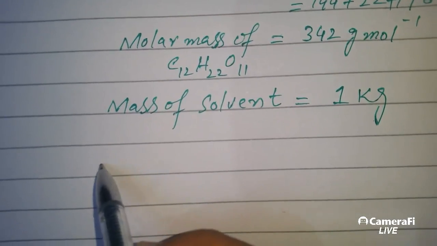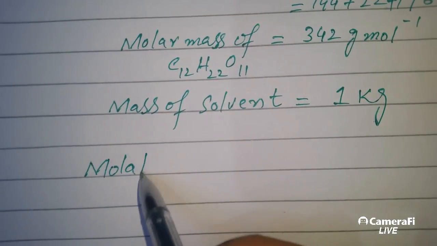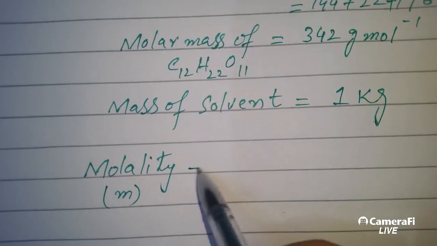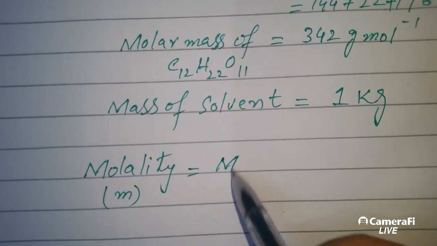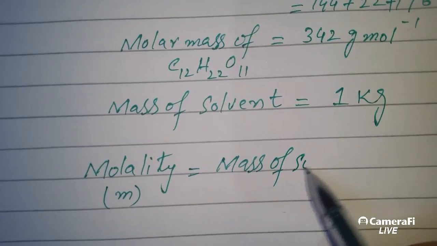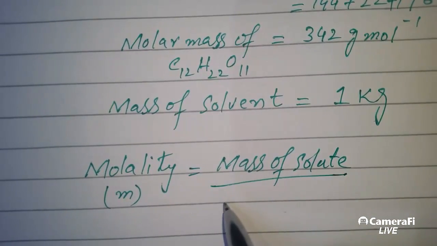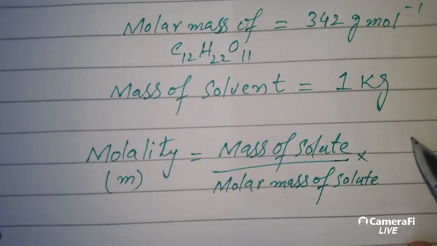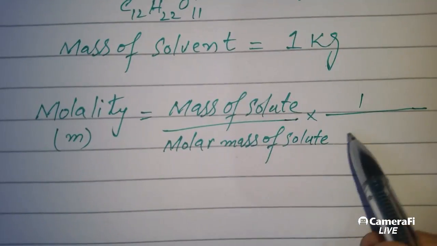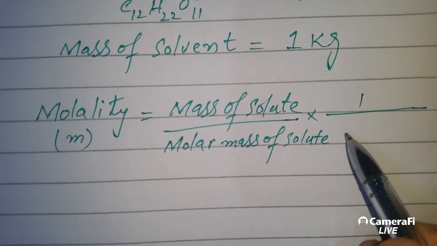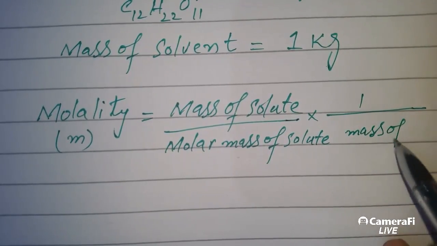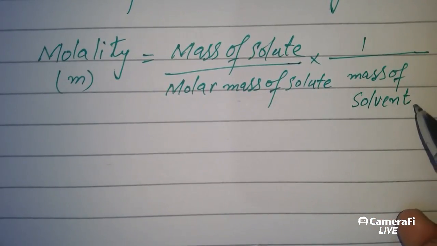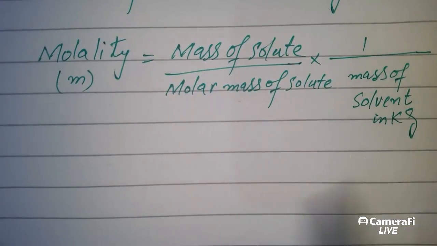Now we apply the formula for molality. Formula for molality: small m is equal to mass of solute over molar mass, multiplied by 1 over mass of solvent in kg.